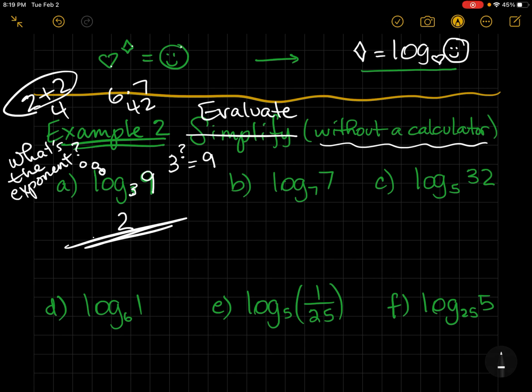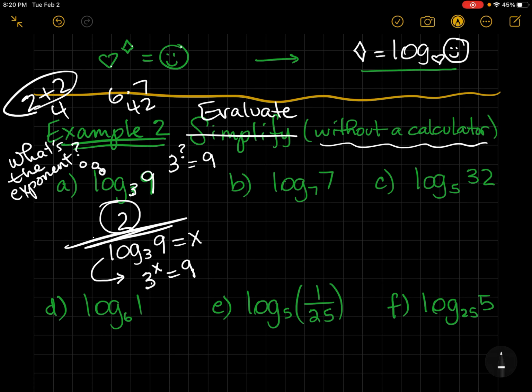Another way you could think of that is to say it equals some unknown number, and you can convert to exponential form. Base exponent equals. And you see that it's saying 3 to what power equals 9. And that's how we get 2.